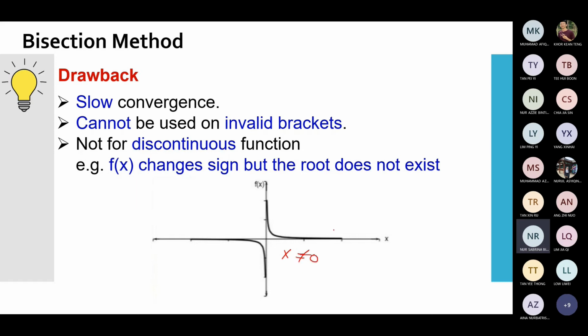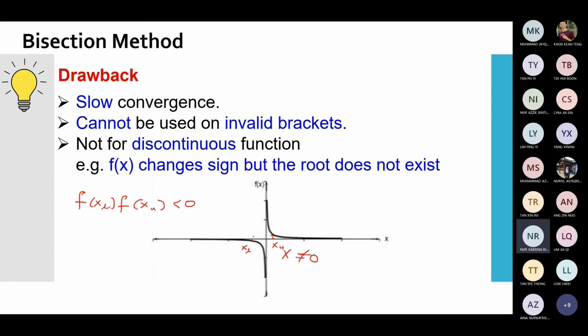But you can check: say this is your upper boundary xu, and this is your lower boundary xl. If you substitute the values f(xl) and f(xu), you still get less than 0.